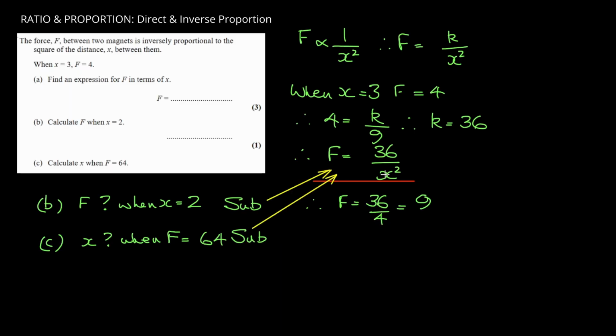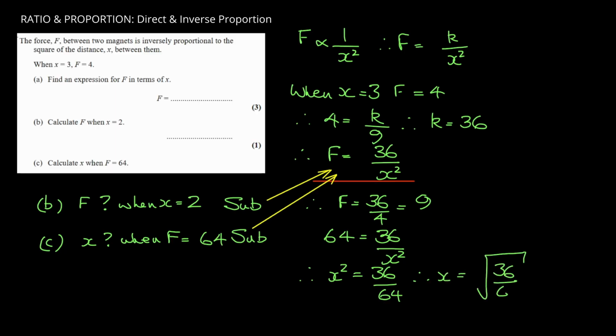Again, we substitute into our master equation, and we get 64 is equal to 36 over x squared. Rearranging to just find x, therefore x squared is equal to 36 over 64, and therefore x is equal to the square root of 36 over 64.